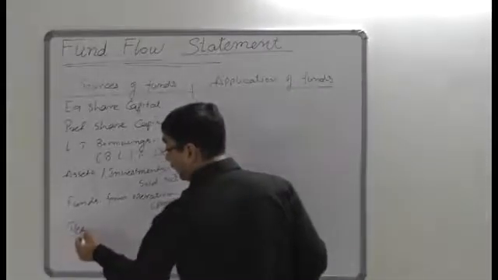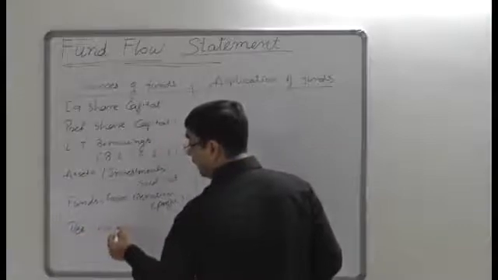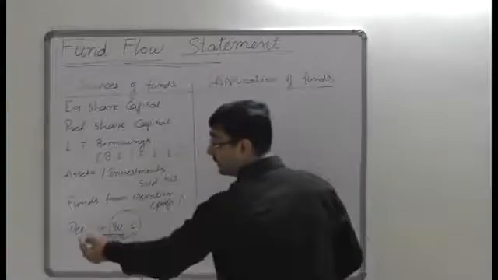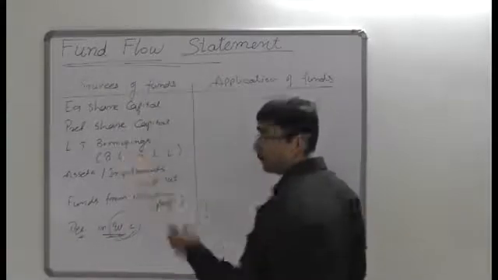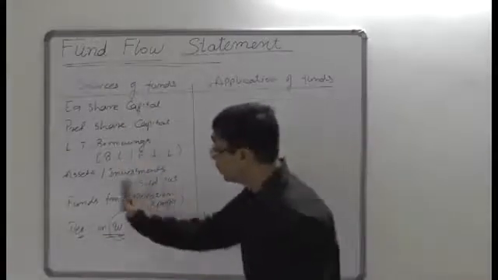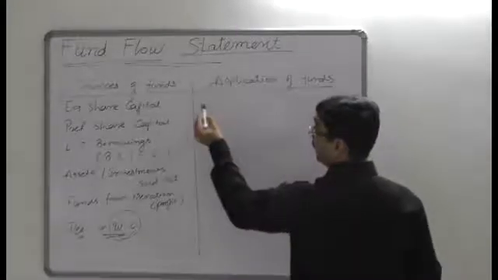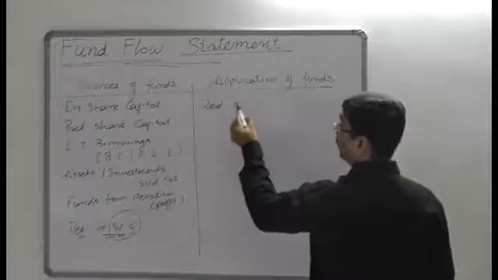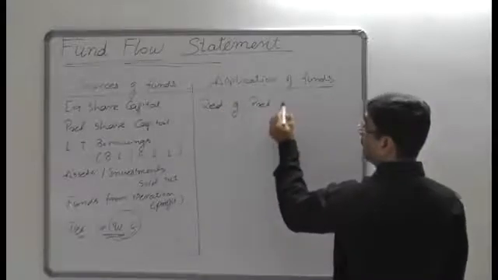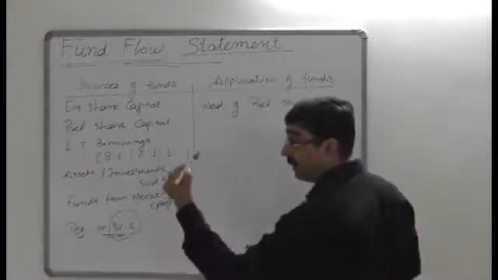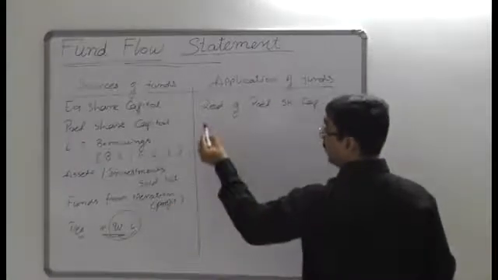A very important part is decrease in working capital. In case working capital decreases, that is also a source of funds. These are the sources. Now which are the parts of application of funds? Redemption of preference share capital, that means the preference share capital is redeemed and paid to the preference shareholders.